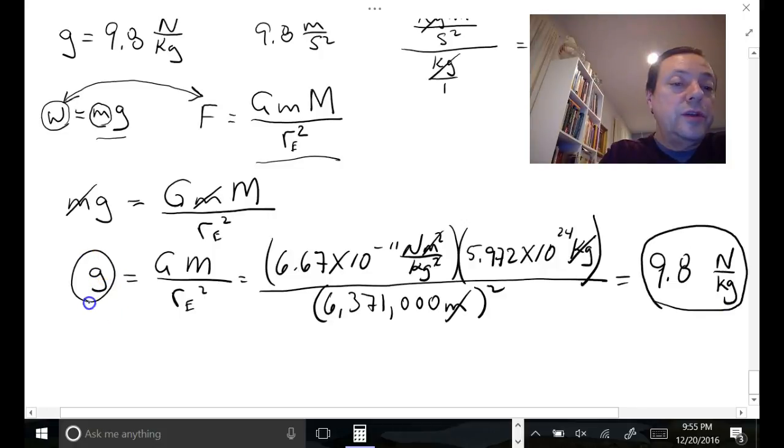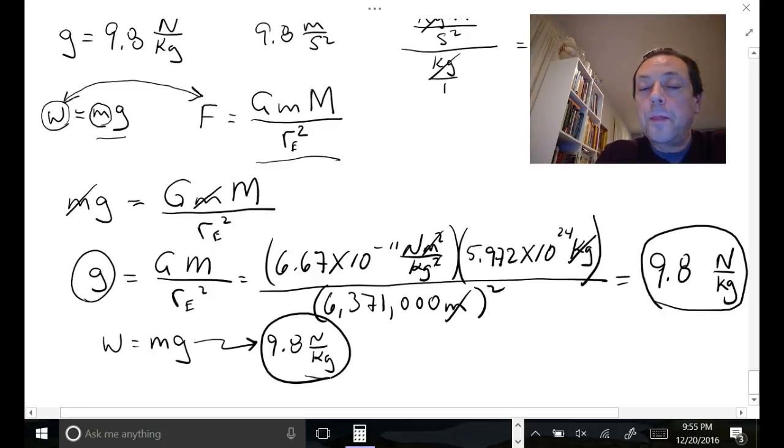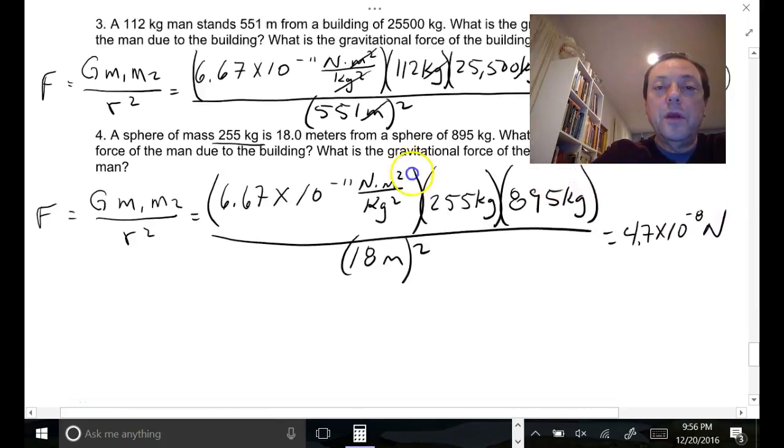Okay, so when we say weight is mass times gravity, lowercase g, it's 9.8 newtons per kilogram, because given the mass of the Earth and the radius of the Earth, that's the acceleration due to gravity. Okay, so I hope that made things a little clearer.